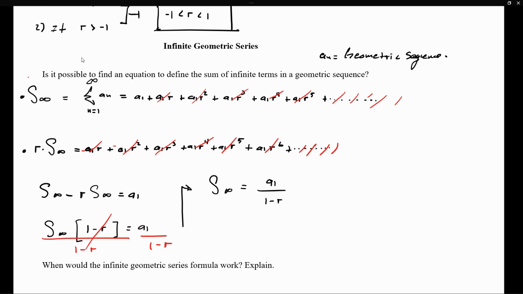And now I get an explicit formula that I can use to define the infinite partial sum. So for any geometric sequence, if I add an infinite amount of terms, that's always going to be equivalent to this expression, where a of 1 is the first term and r is the common ratio.